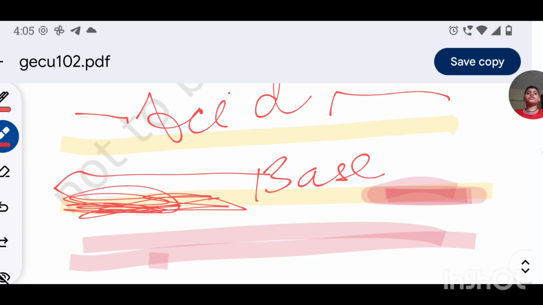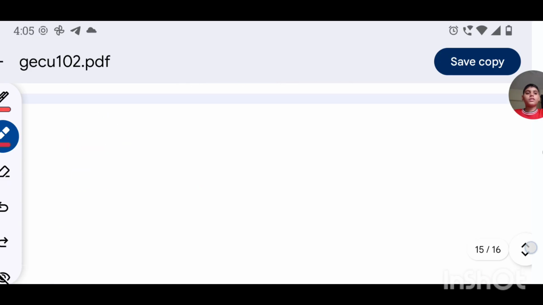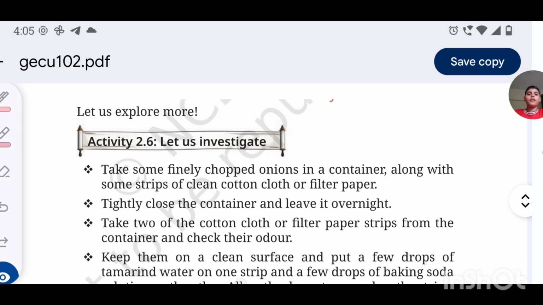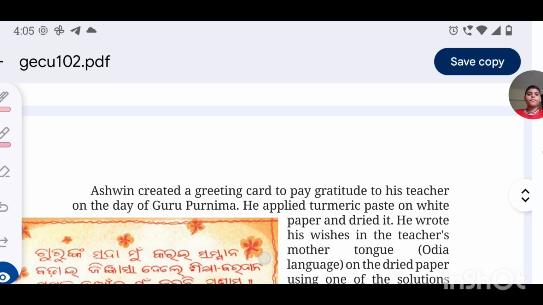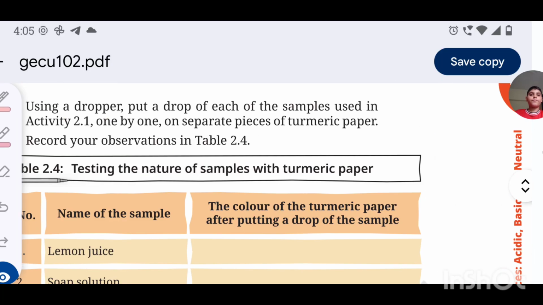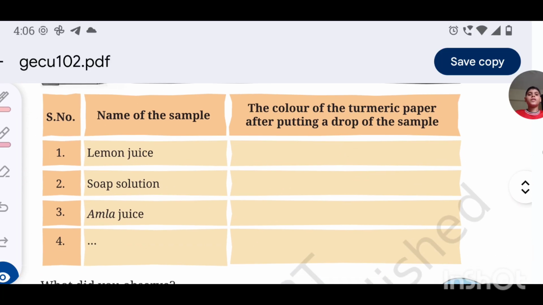We will change. So we learned that it only changes its color in basic substances. Lemon juice is an acid, so it will be its friend.